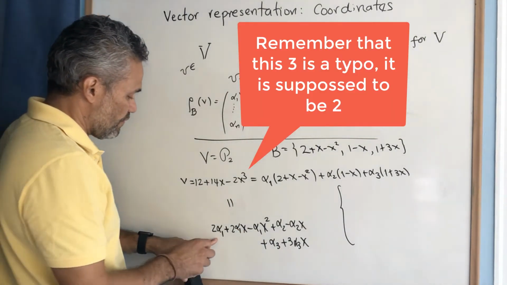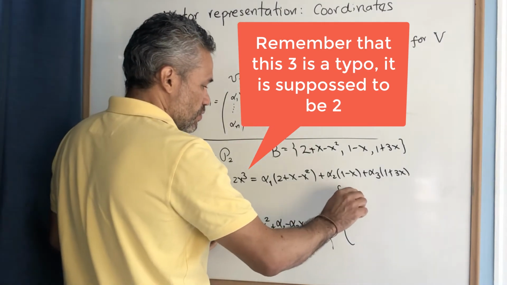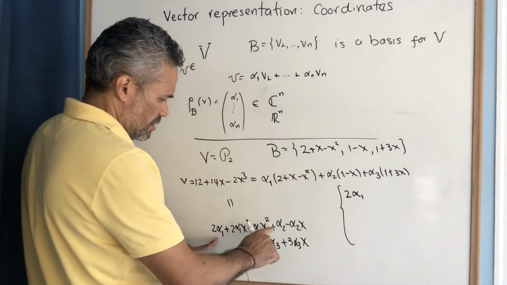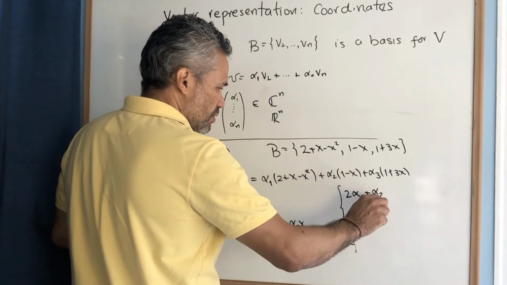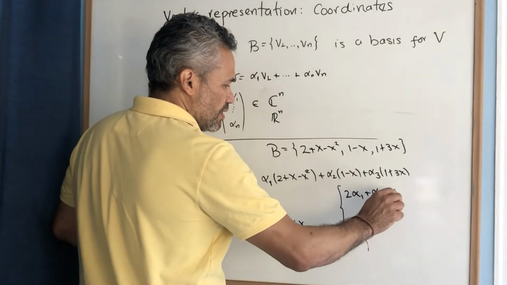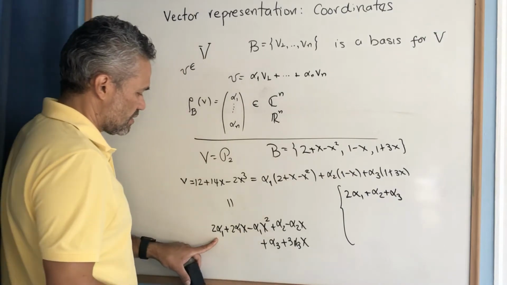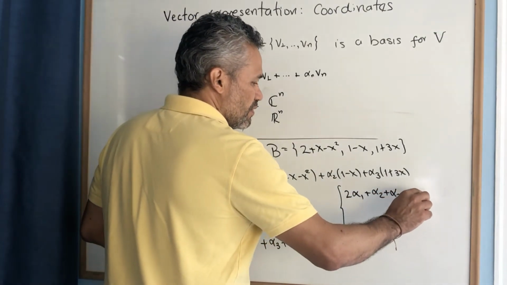Then the constant coefficient, which is 2 alpha 1 plus alpha 2 plus alpha 3, must be equal to 12.